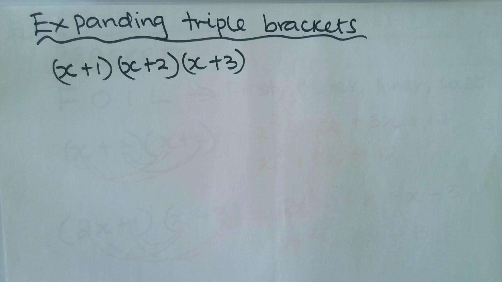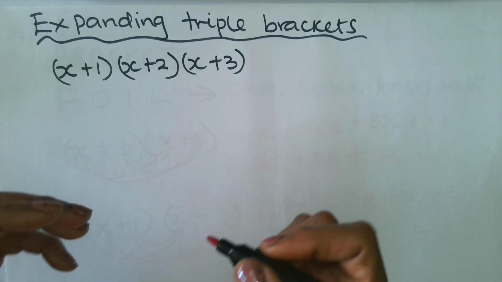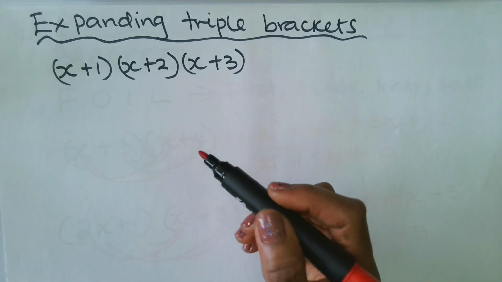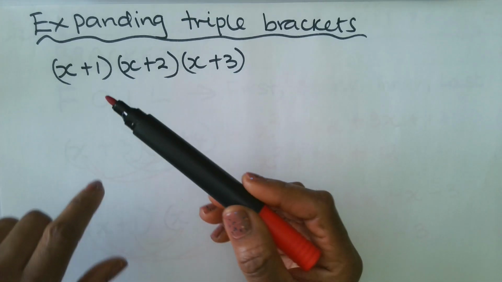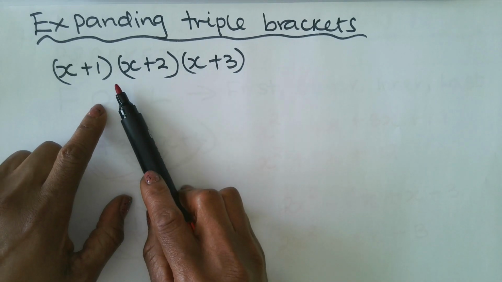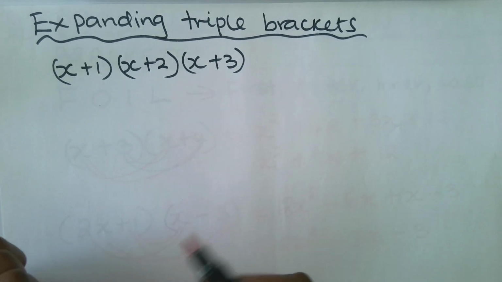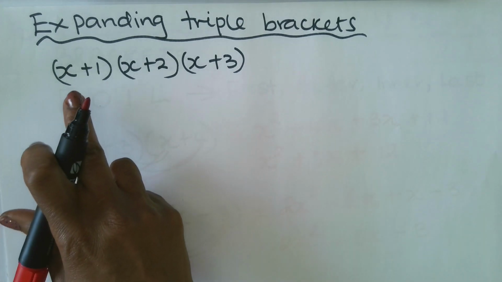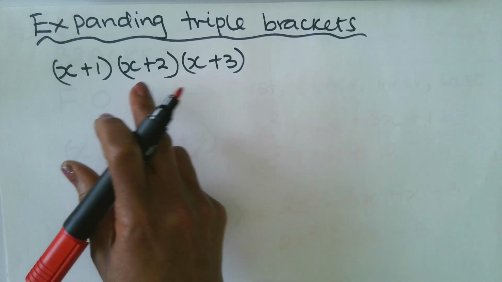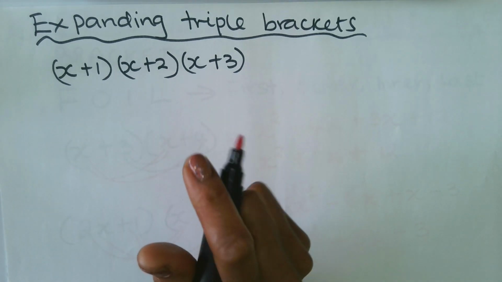This question is a little bit different from what we have done with expanding single and double brackets. In this case, we're going to look at these 3 brackets and choose the first 2 that we want to do. We can choose to do the first bracket and the second bracket together before we move to the third bracket.